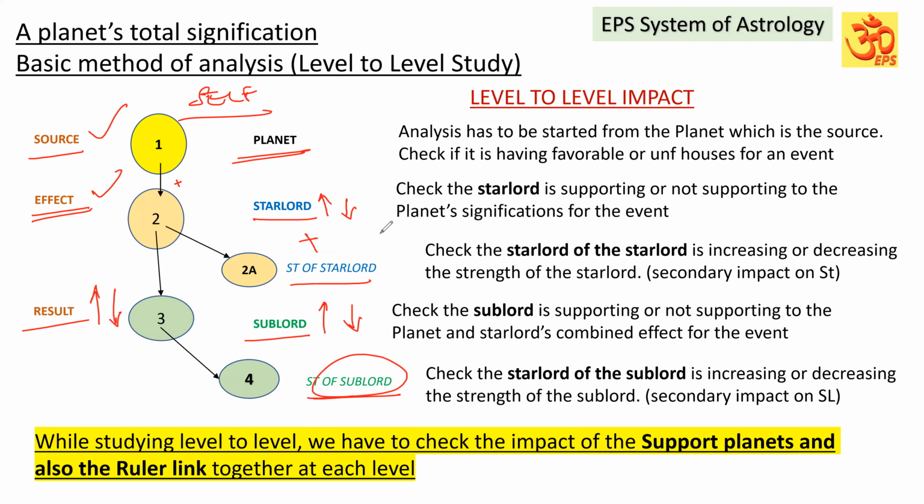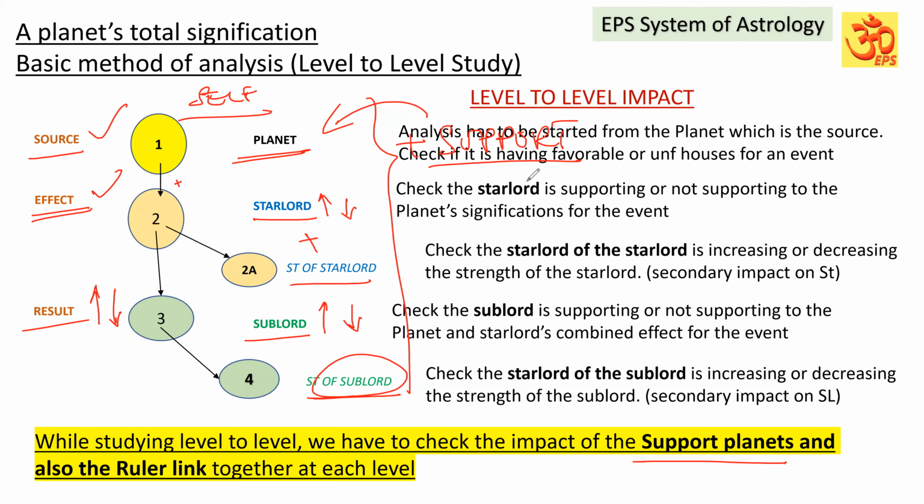Now, as you know, apart from the self, each planet is getting support from support planets, right? Support planets also we have to take into consideration for each planet. It means the source planet has a Rashi lord, a conjunct planet, an aspecting planet, or an indirectly connected planet.